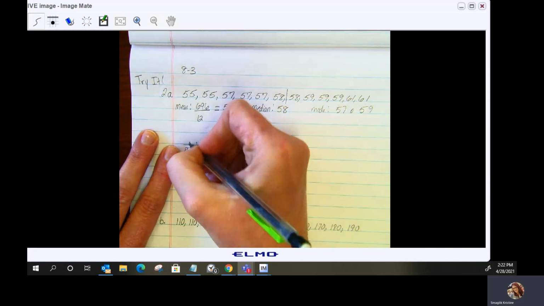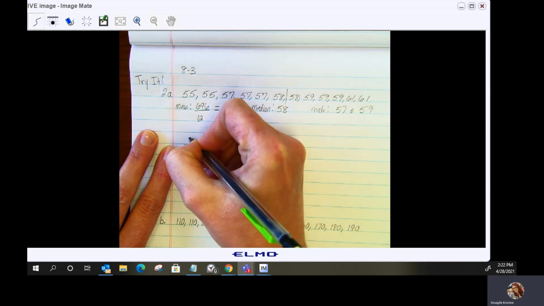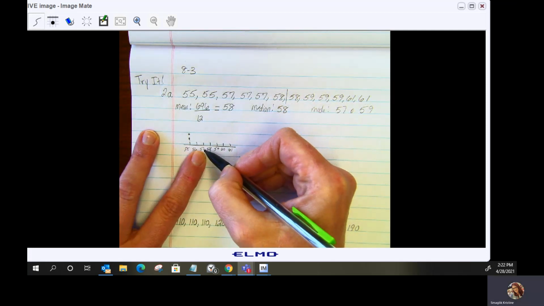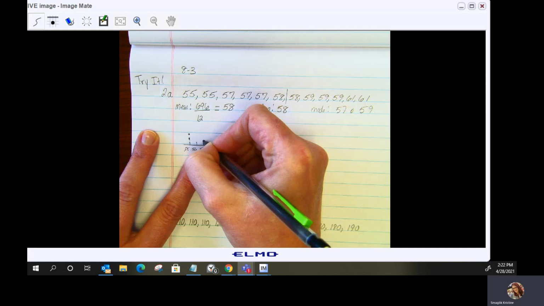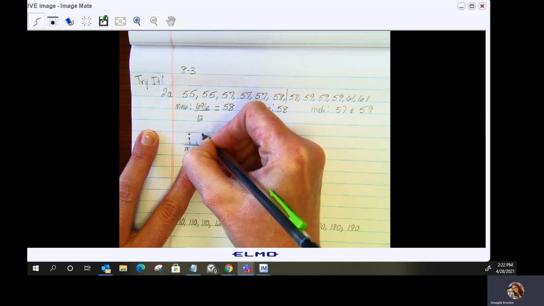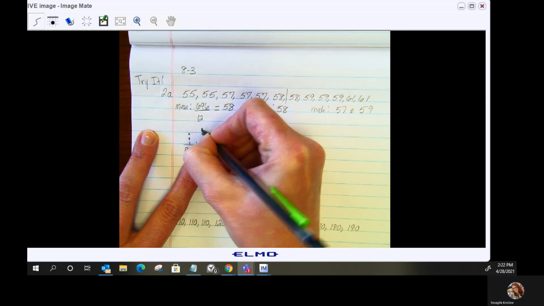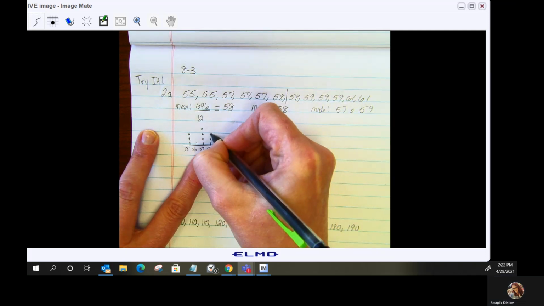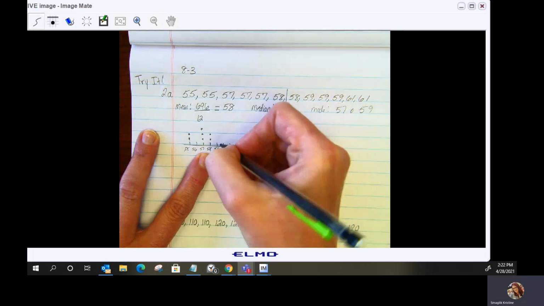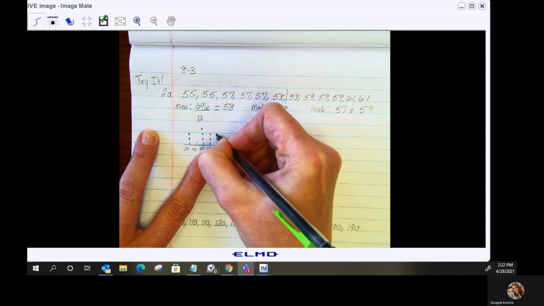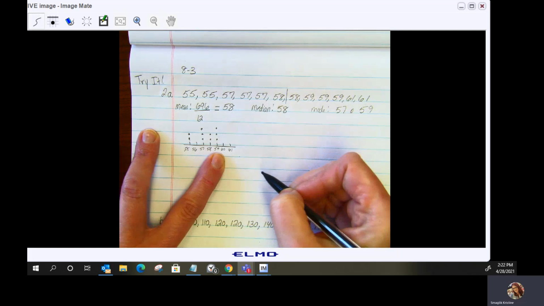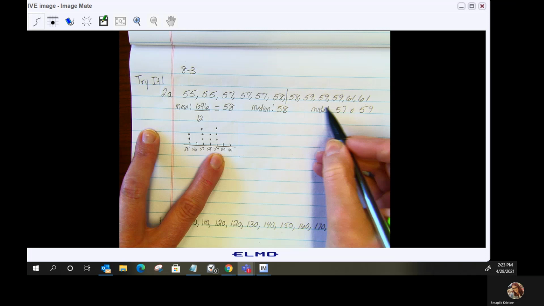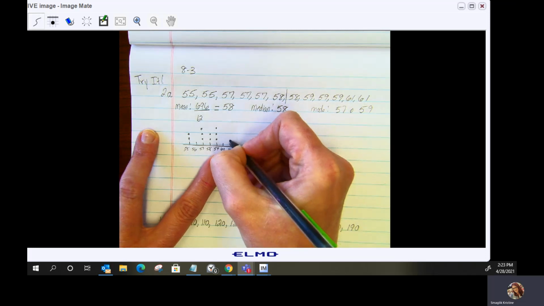I have 2 data values of 55. 56, I have none. 57, 1, 2, 3. 58, I have 2. 59, I have 3. 60, I have none. 61, I have 2.